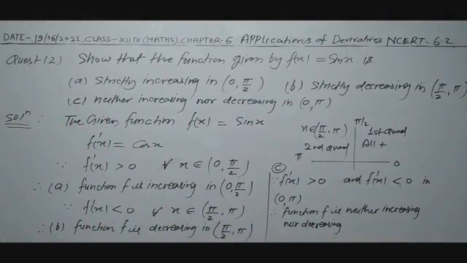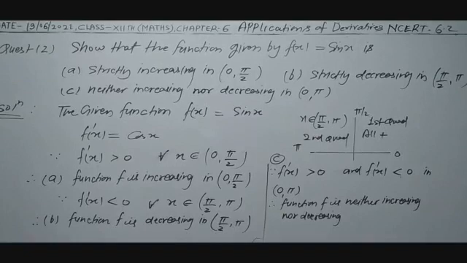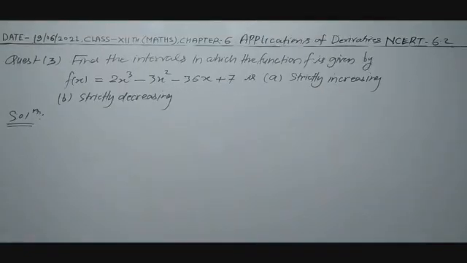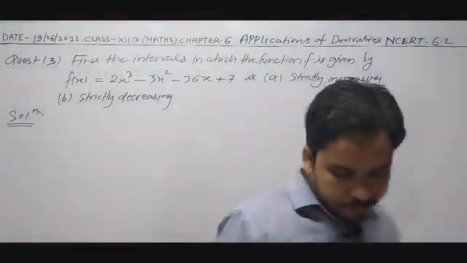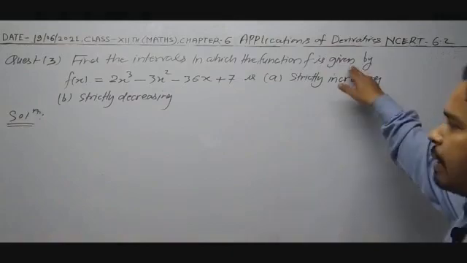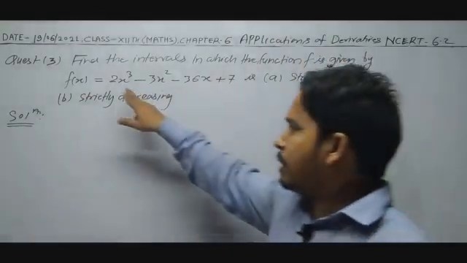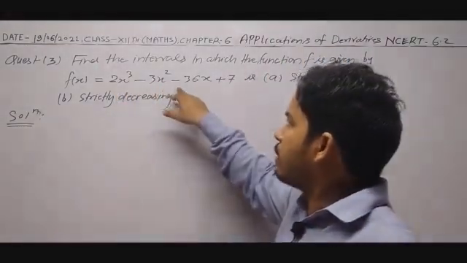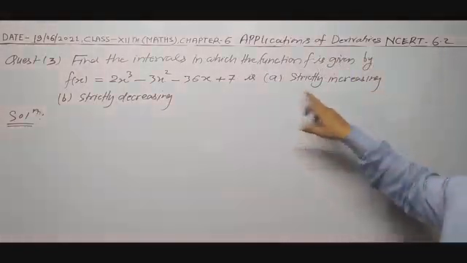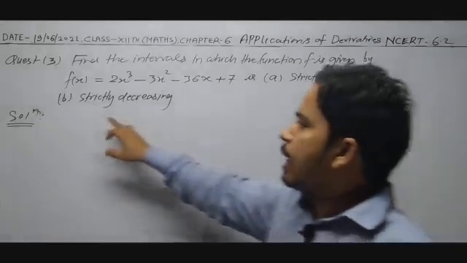Now come to question number 3. Question number 3 is: find the intervals in which the function f given by f(x) is equal to 2x cube minus 3x square minus 36x plus 7 is strictly increasing, this is the first part, and strictly decreasing.